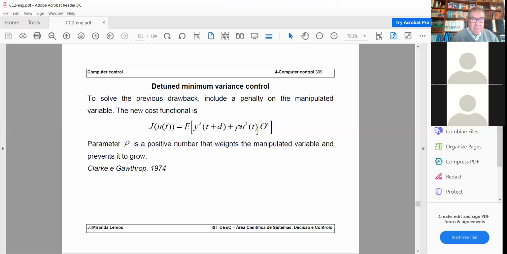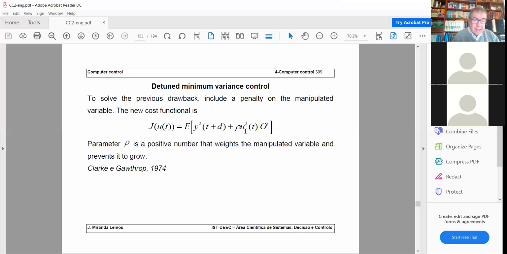In this way, I'm still able to stabilize non-minimum phase plants, because I'm penalizing the input, and I no longer cancel the zeros. The poles are in other positions. And this was a very good idea. The first practical applications, in particular in adaptive control, use this type of detuned minimum variance control.